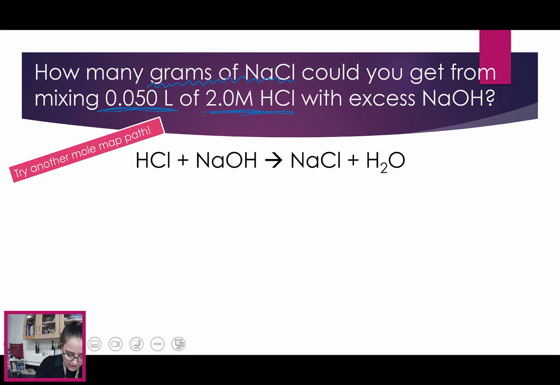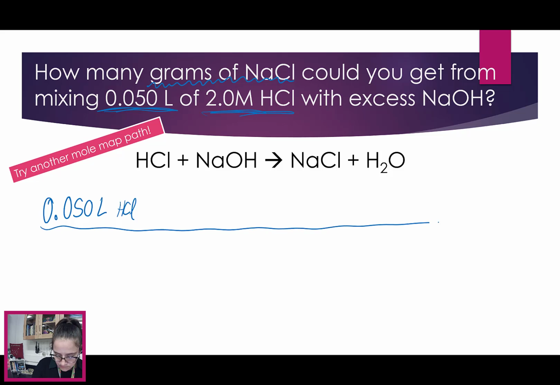Okay. Starting with our known, we got 0.050 liters of our HCl solution. Now, as we saw in the mole map, the first step is molarity. So for that 0.05 liters, I know that 1 liter of that solution contains 2.0 moles. That's what that 2.0 molar means. Okay, moles of HCl.